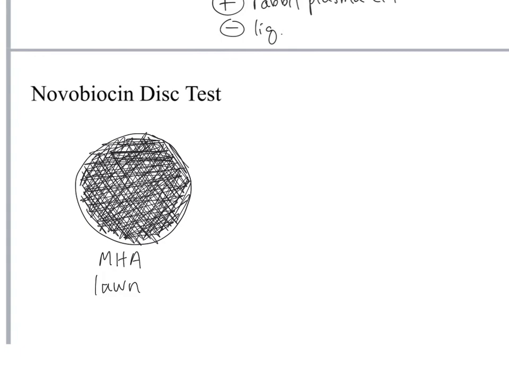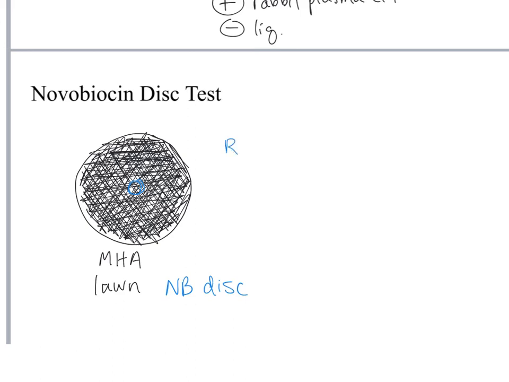All right, and then with the forceps, you're going to put your disc. It's going to be an NB disc. That stands for novobiocin. Incidentally, novobiocin is also a DNA gyrase inhibitor, but it actually inhibits it a little bit different way than what the nalidixic acid did. The important thing here is after we incubate it, one of our staphs is totally resistant to novobiocin, and it will grow basically right up to the disc.